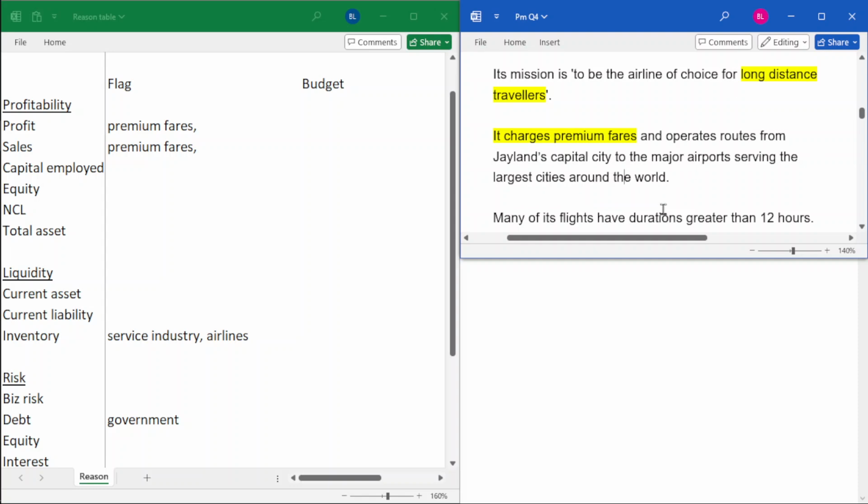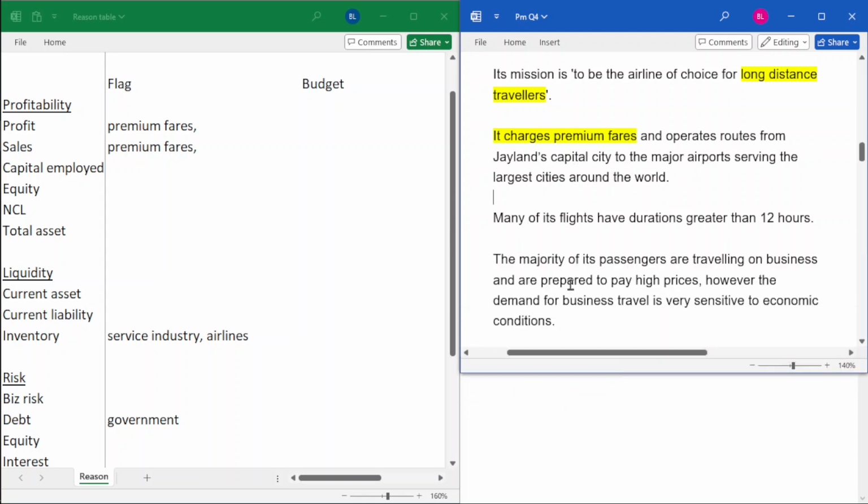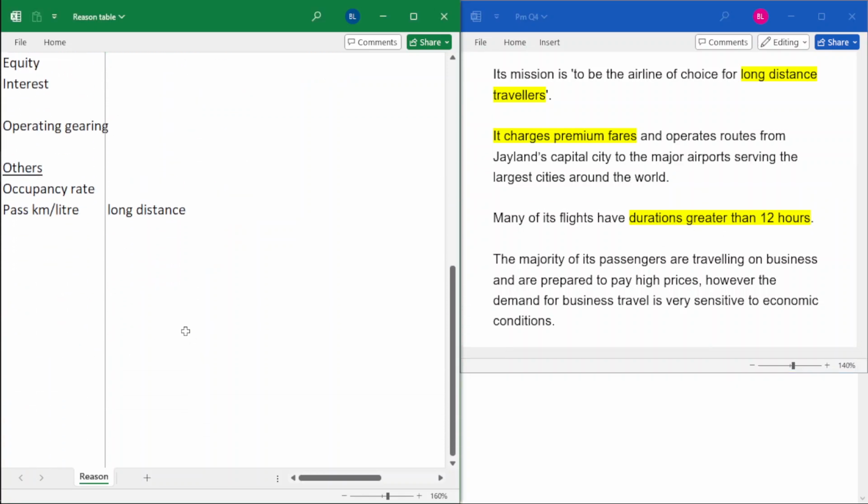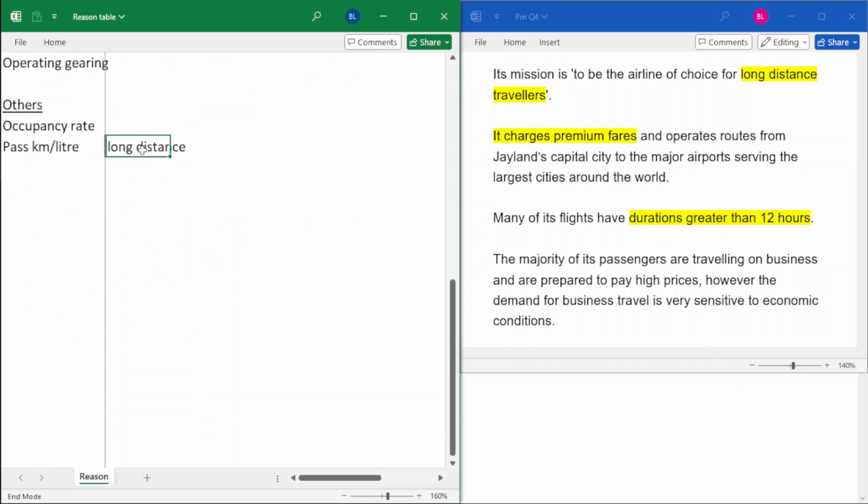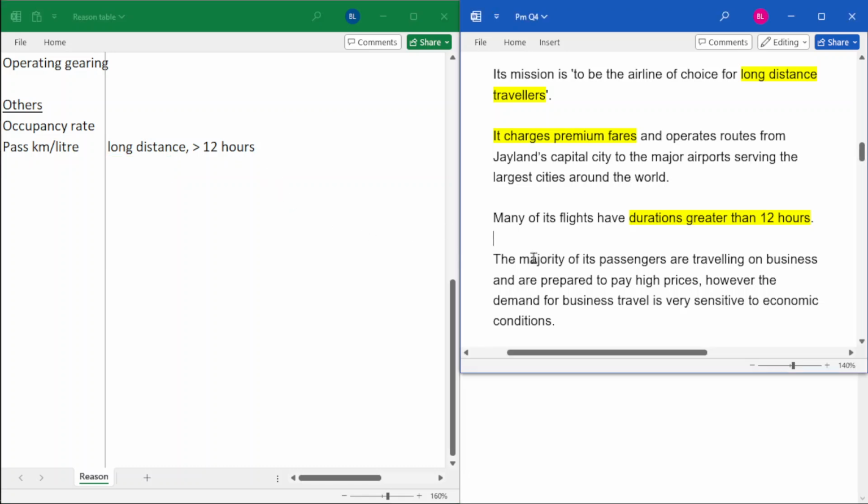Many of its flights have duration greater than 12 hours. So because of long distance and more than 12 hours, you travel more, use more fuel.